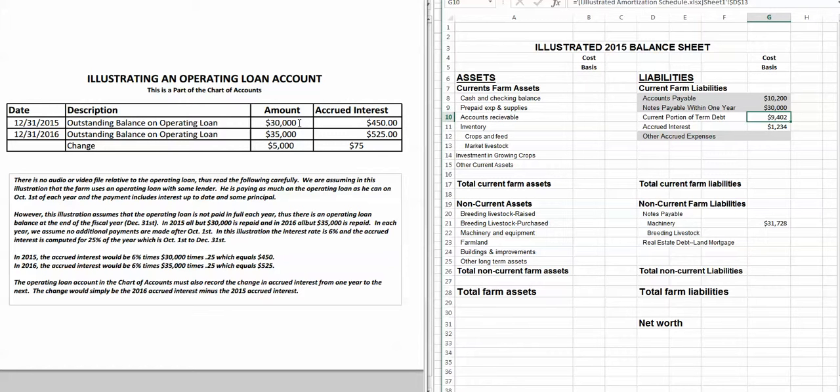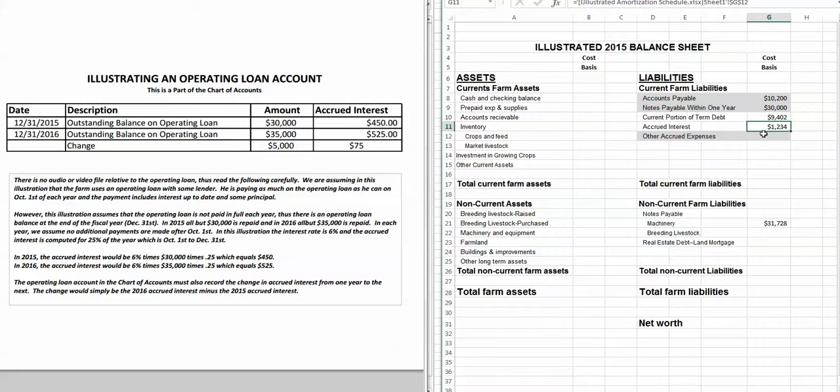You also know that the $30,000 he didn't pay in November starts accruing interest right after that payment, and it accrues interest up to December 31st. And that would be this amount of interest right here. That'd be that $450. That $450 of accrued interest would simply go right here. Now, you could have a choice here.